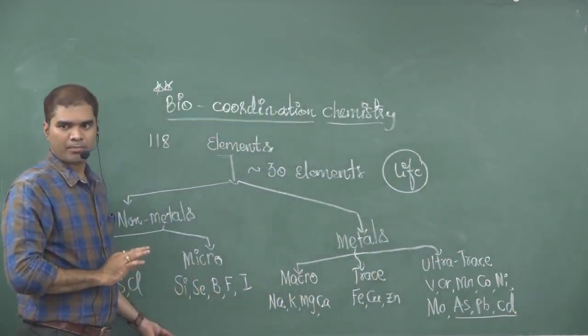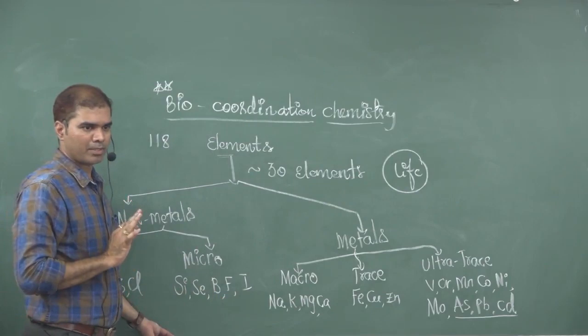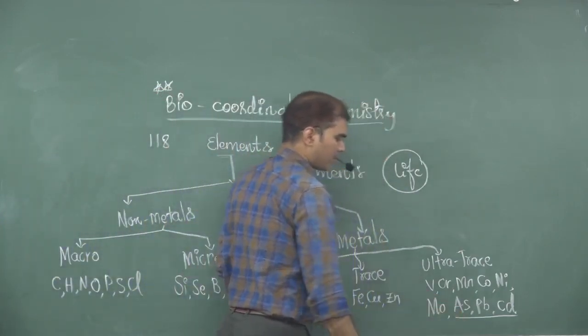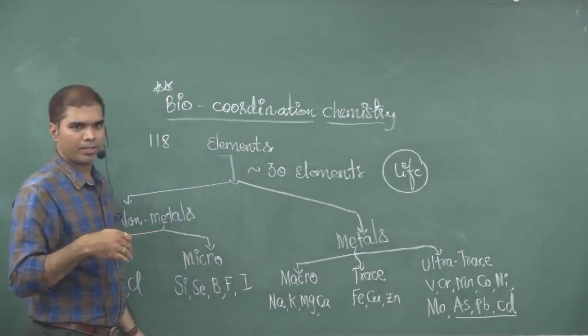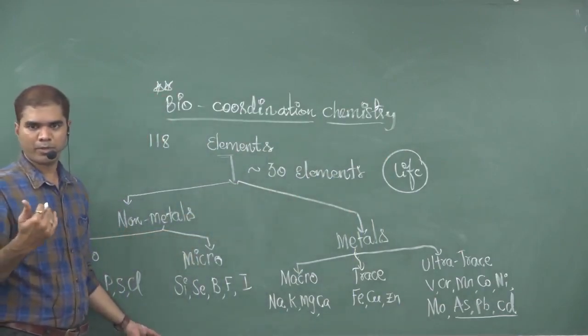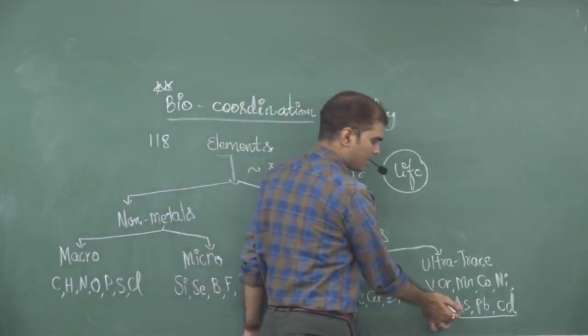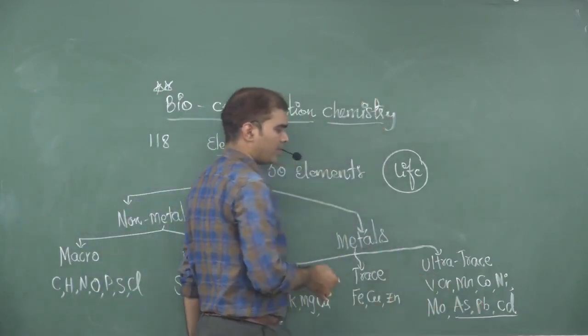Arsenic, lead and cadmium are not proper elements. They are not essential elements. These are poisonous elements which slowly come into our body through the food that we consume, such as arsenic, lead, cadmium and so on.